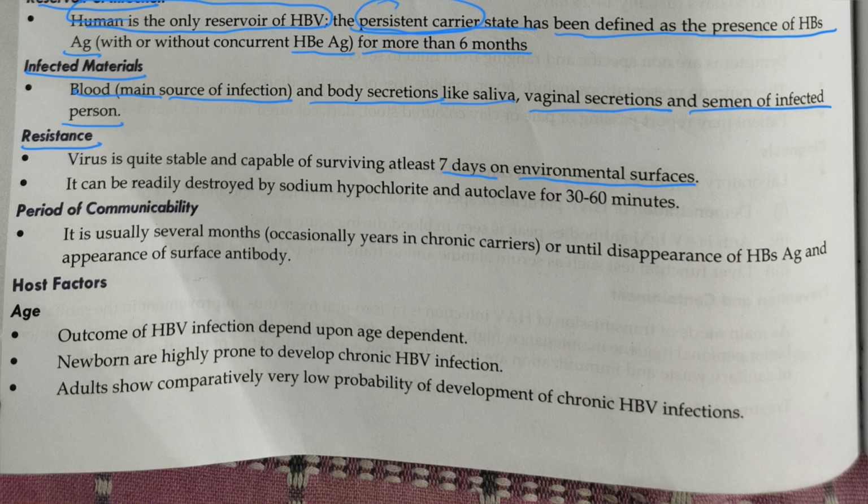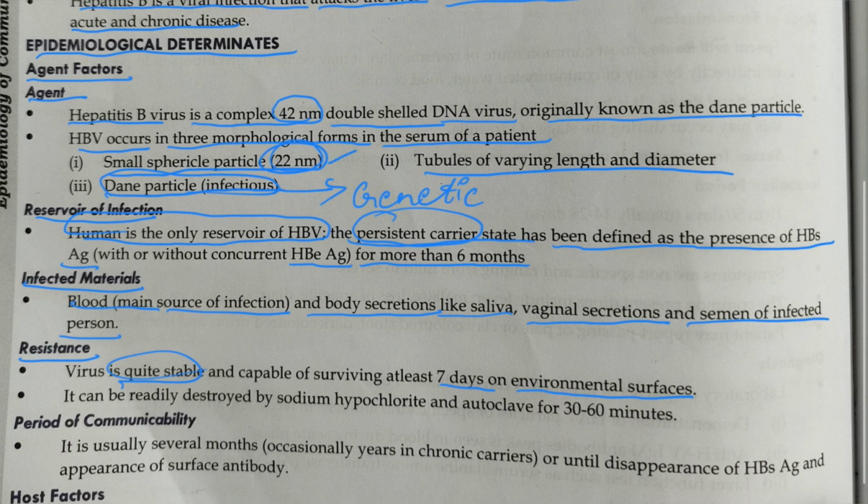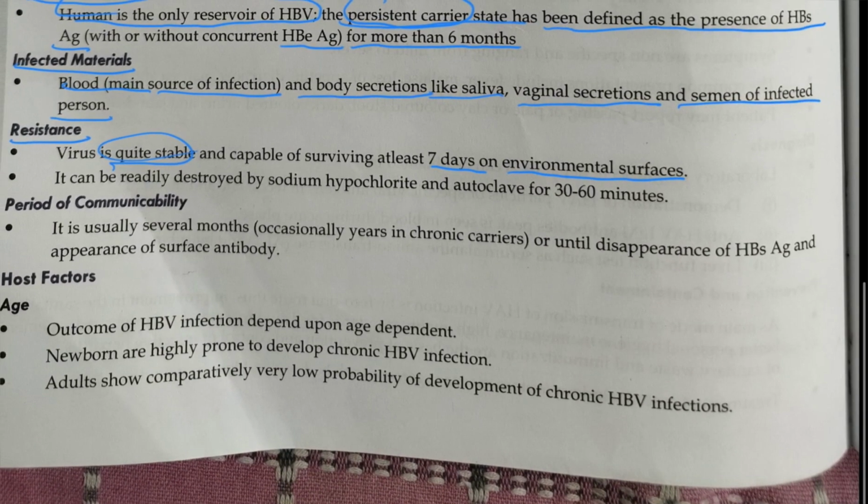It's quite stable because of its complex structure. It contains spherical particles, tubules of varying length and diameter, and DANE particles. Tubules are, I think, microtubules made up of protein material, I guess. Not sure.